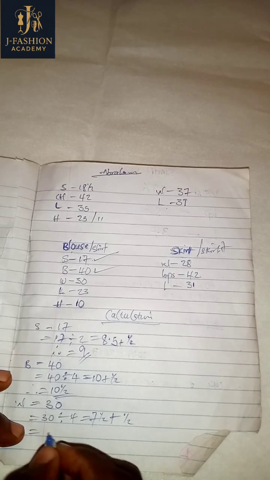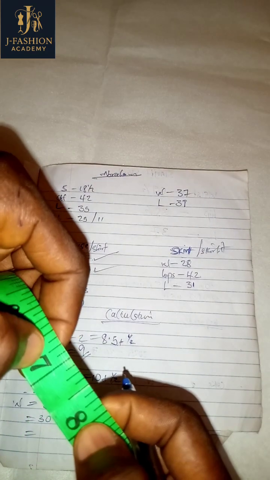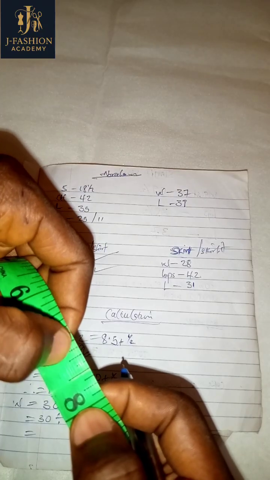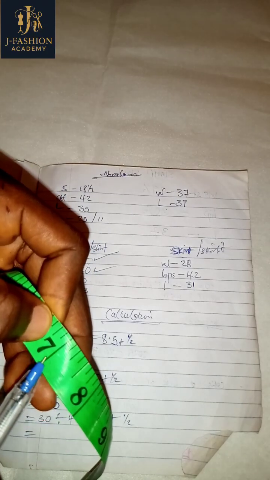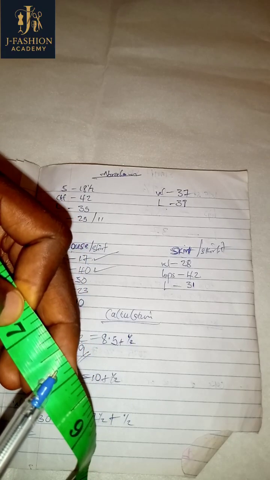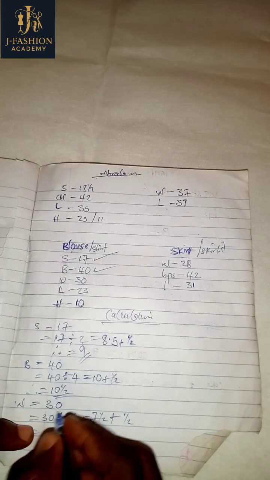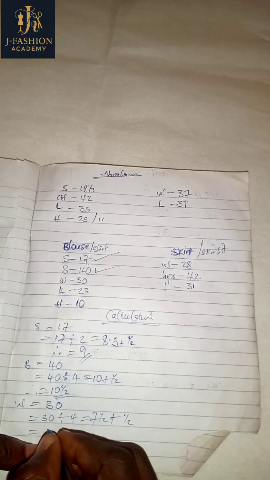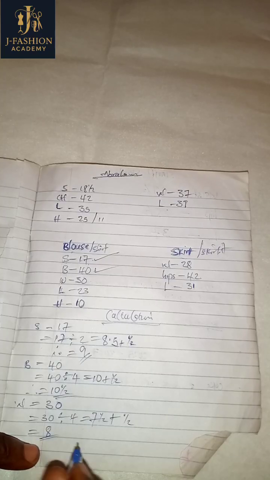So it's going to give us what? This is your 7 1/4, this is half. So if you add this half here, it is going to give us 8. So your waist measurement is going to be 8 inches.